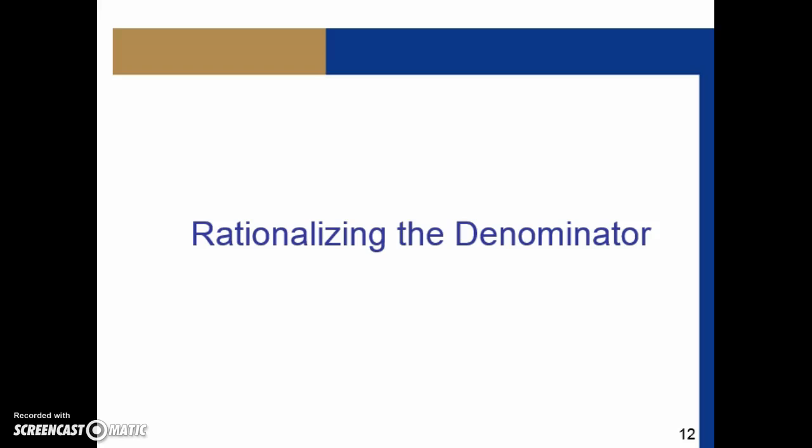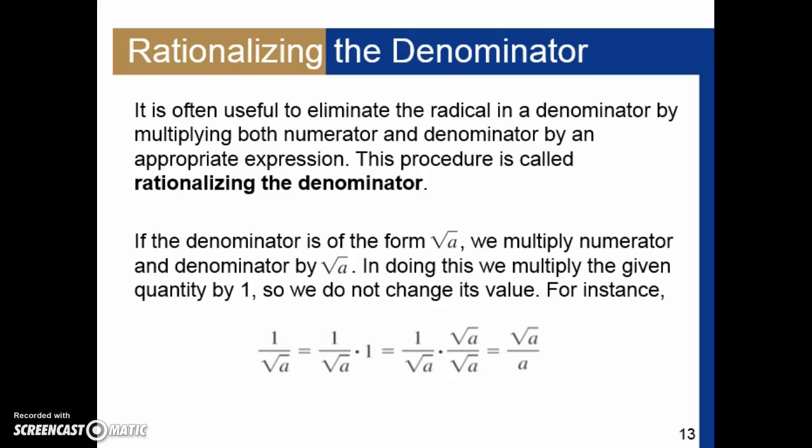Now, very quickly, rationalizing the denominator. Understand that this 1 over the square root of any real number, as long as it's a real number, I didn't say complex number, is a perfectly fine way to show your answers. As we go higher into mathematics, we don't really worry that much about rationalizing the denominator.